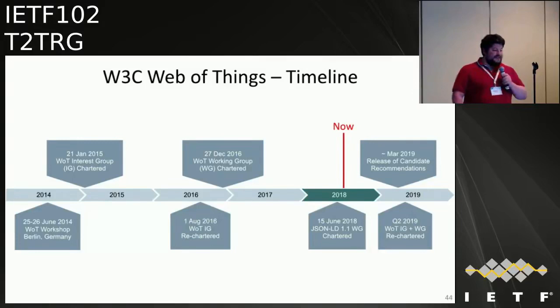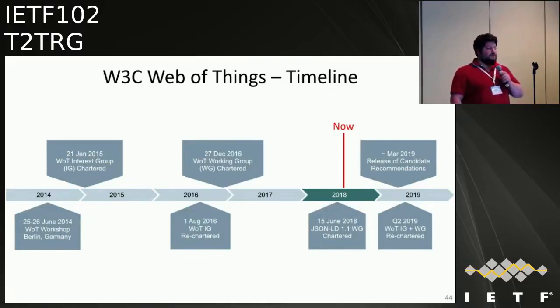And now we are almost at the end of the original charter. What we see here is that we have a slight delay of about 3 months for the release of the candidate recommendations. The reason is that we learned a lot recently, and there was a new working group chartered on JSON-LD 1.1.